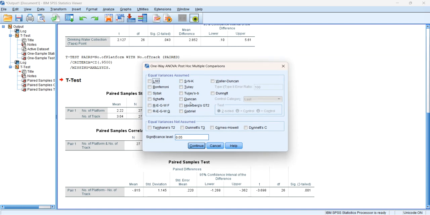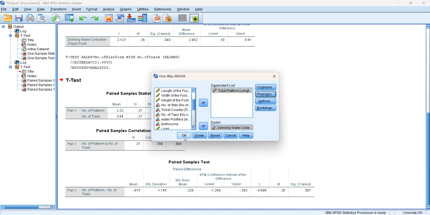You can also do the Duncan analysis and the Bonferroni analysis. For non-parametric analysis you can go for the Games-Howell test. I mentioned that in my presentation, so you can go into this also. Just continue and okay.